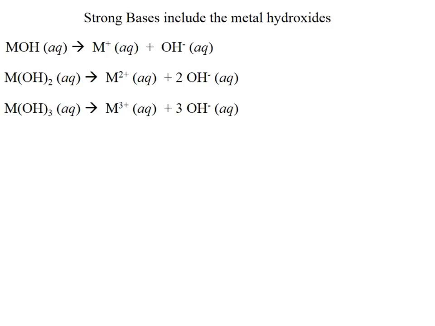So any of the metal hydroxides would serve as strong bases. The +3 cations have other issues associated with them. I'm not going to give you examples of those, and we'll talk about why at the very end of the chapter. It's something that you haven't learned yet.